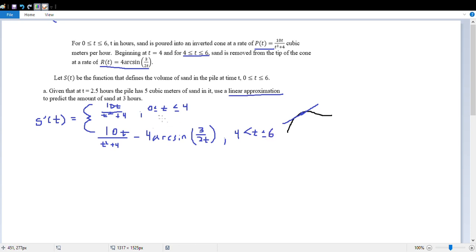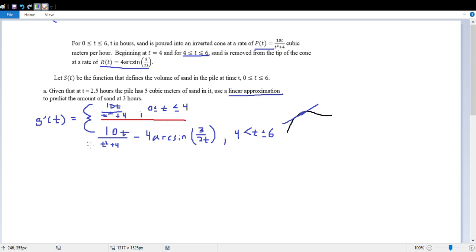Now, what exactly happens at exactly the time t equals 4 is a little bit complicated, because this function may or may not actually be continuous, but let's not worry about that issue unless we have to. Okay, so we need to find s prime at 2.5. Well, for 2.5, I think we can agree that we just need to use this top equation, this top portion here.